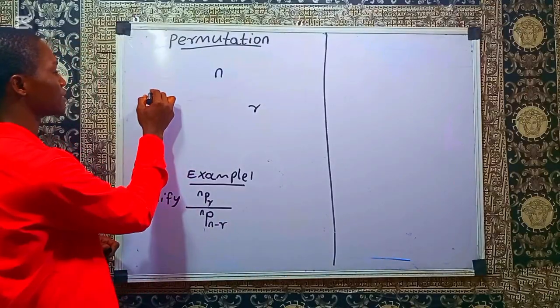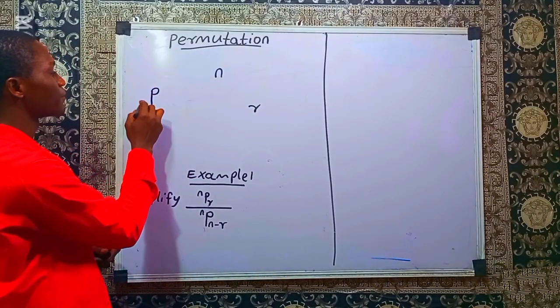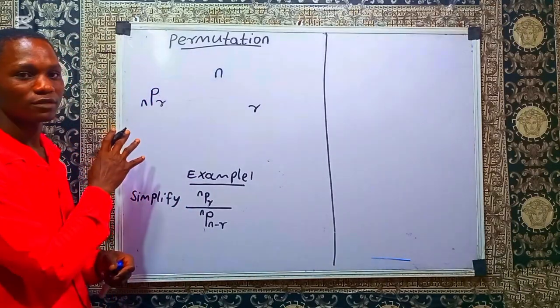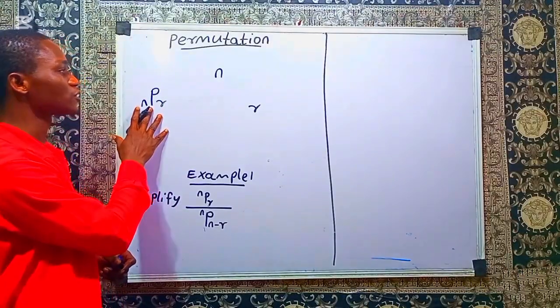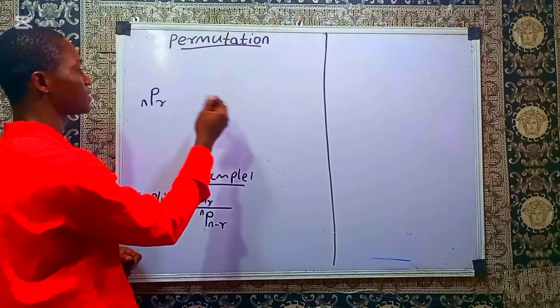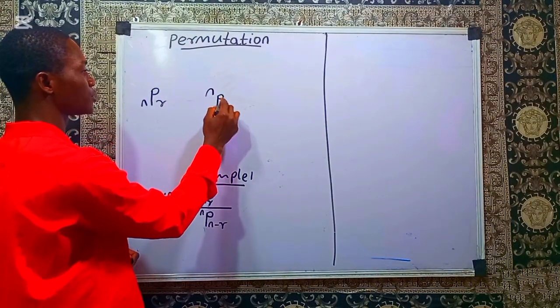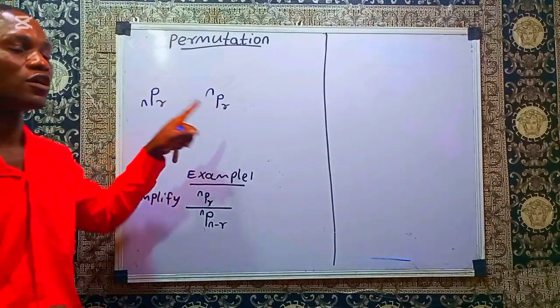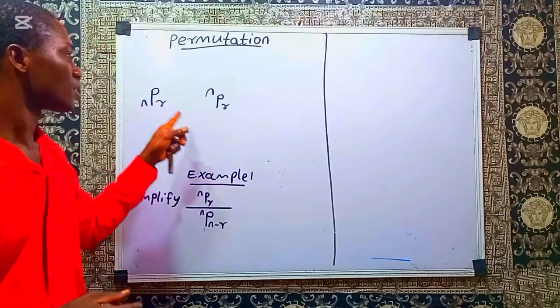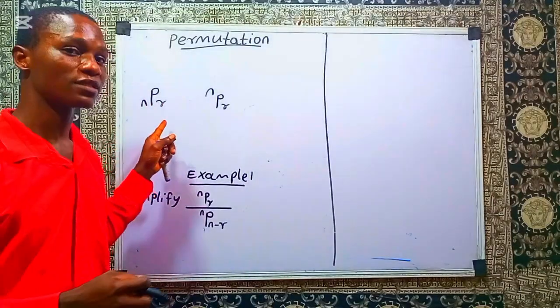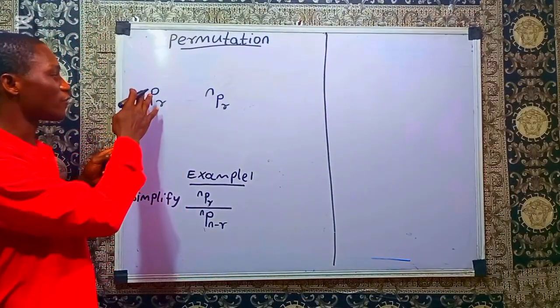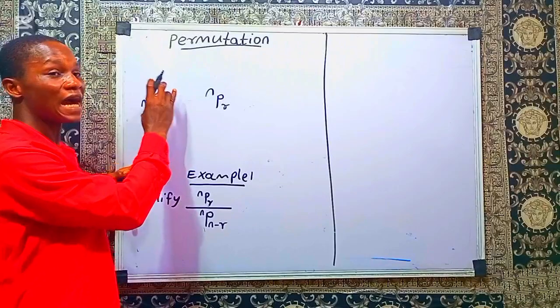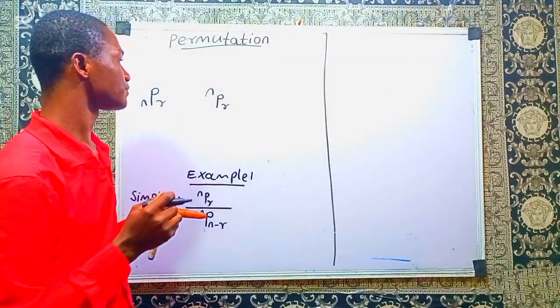So we denote it as n permutation r. You can see it like this, or in some texts they write it like this. So we use this to denote the arrangement of n objects, taking r of them at a time.